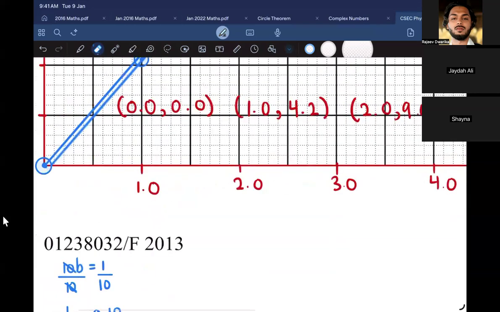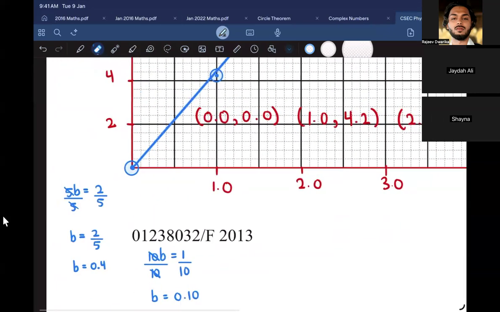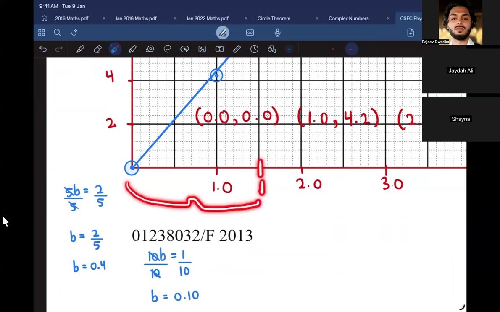Just to reiterate, if I said every three blocks is one, let me show you why that would be trouble. Altogether, 15 blocks would be equal to one, and you're going to end up with 1 over 15. Plug that into the calculator and let me know what you get.